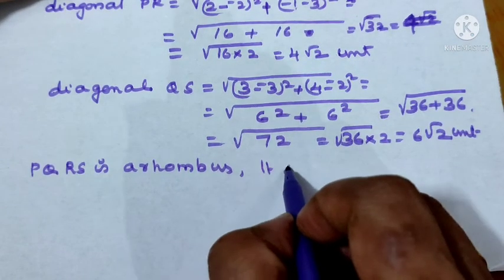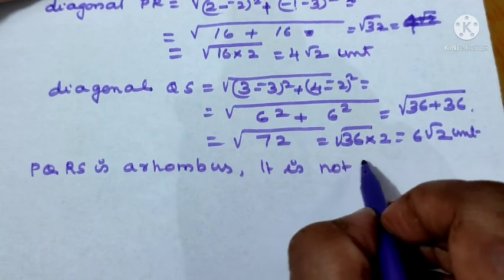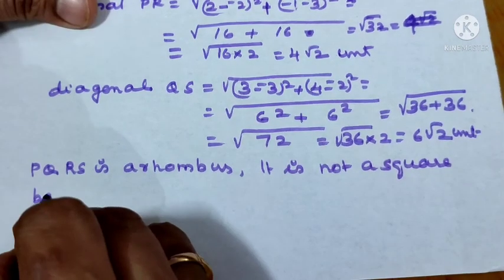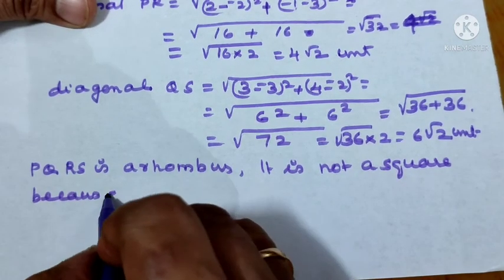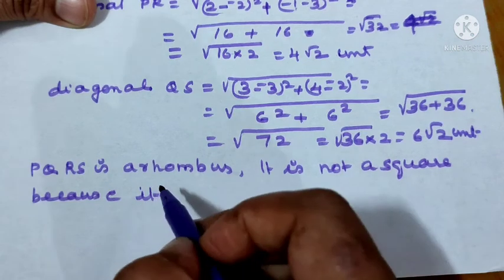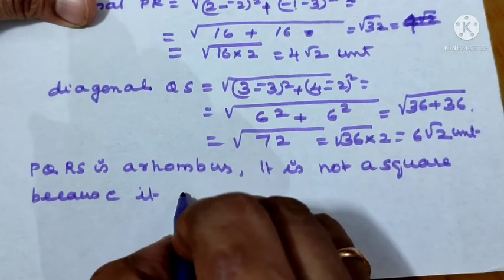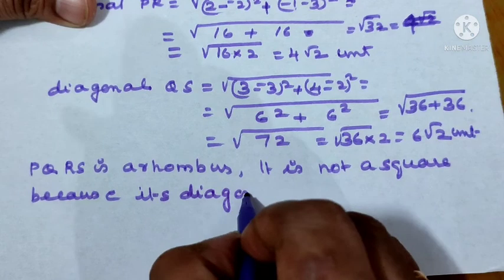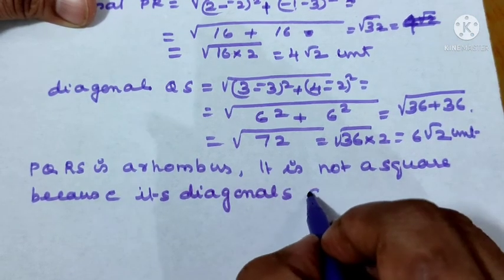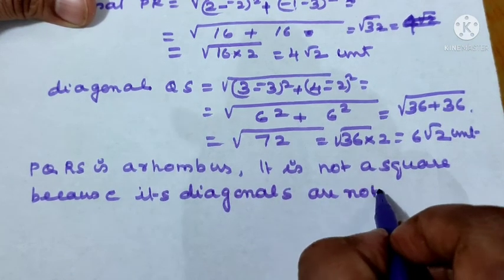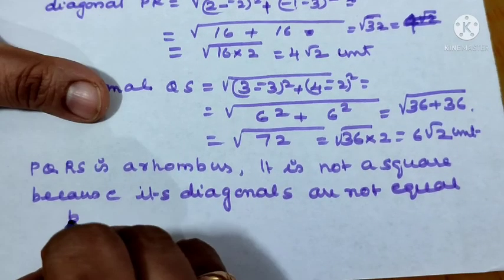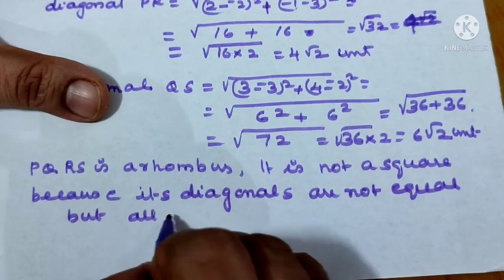It is not a square because its diagonals are not equal, but all four sides are equal.